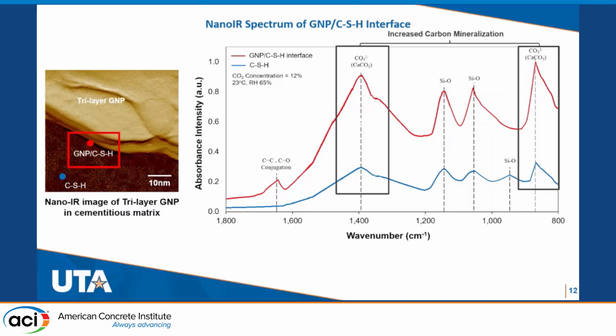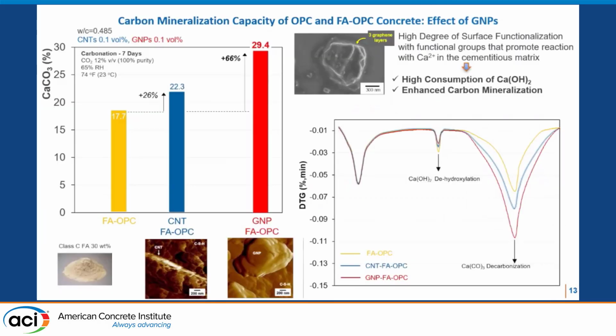The intensity of the carbonate peaks is a testament that at the area of the interfaces between the graphene's significant surface area and CSH is extremely high. Significant amounts of carbonates are able to form, preferentially, at the interfaces, and this greatly enhances the mineralization capacity of the graphene-reinforced concrete.